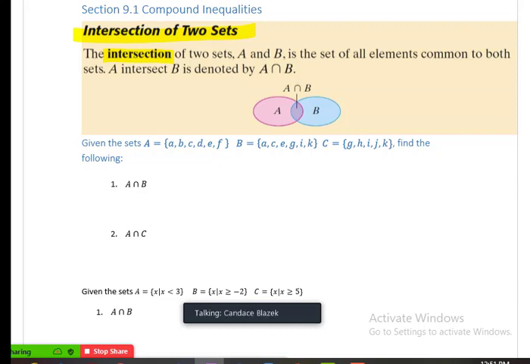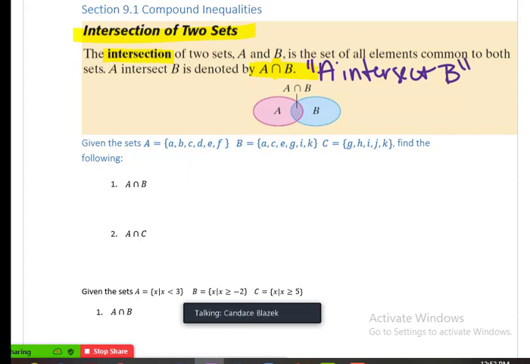A intersect B, now this is the new notation, is denoted by, we would write A, and this is the intersection symbol, it's like an upside down capital U. An upside down capital U means intersection. B. So we specifically read that as A intersect B.